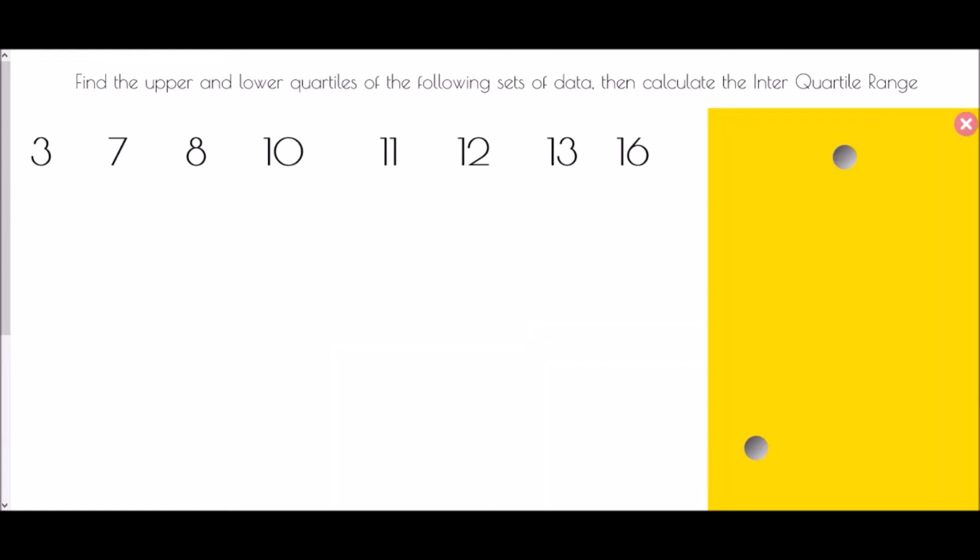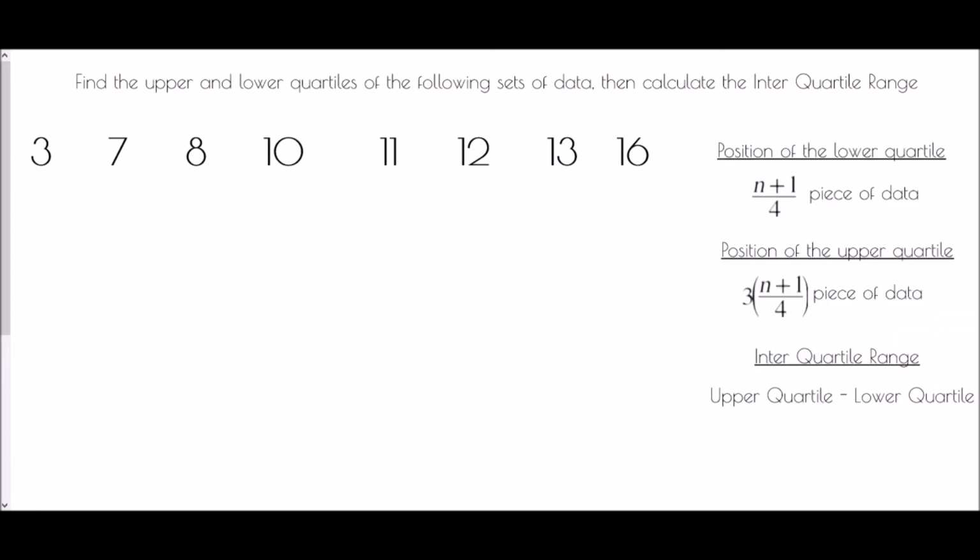So finally, we've got a set of data, and this one is the worst case scenario really for trying to find quartiles, because there are a multiple of 4 pieces of data, in this case 8 pieces of data. And that means that every single value that we find is actually going to be in between different values because of this +1.